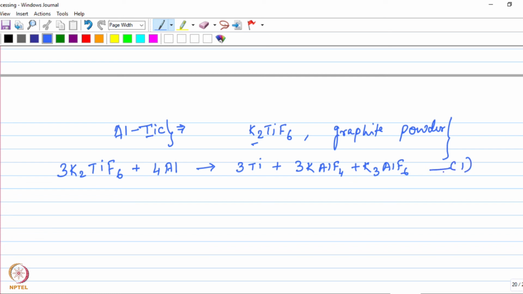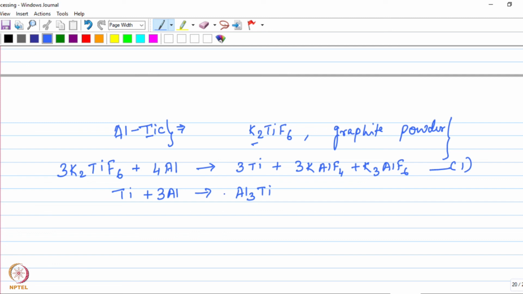This is step 1. Then the released titanium will react with aluminium to form Al3Ti.